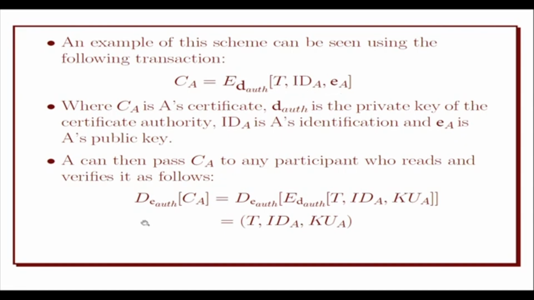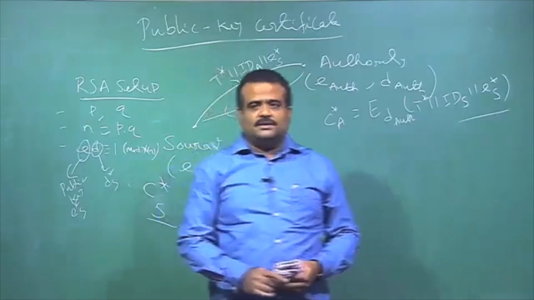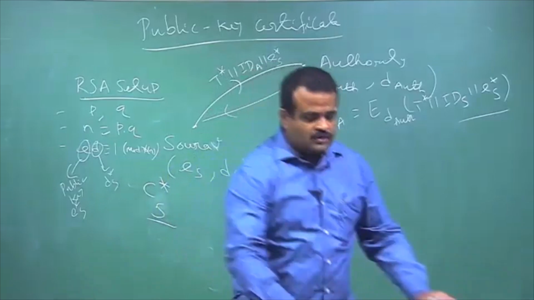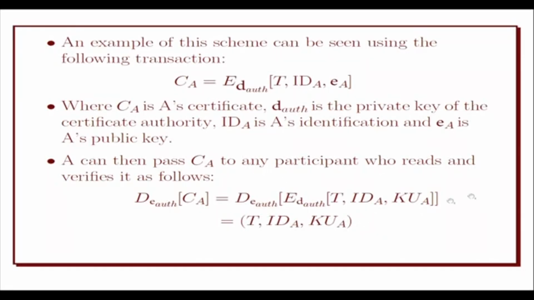Then this can be verified the way we have discussed. The public key of the authority is public, anybody can have access to it. So he or she will take this public key and decrypt the certificate of A, check whether the timestamp and ID are okay, and get the public key.